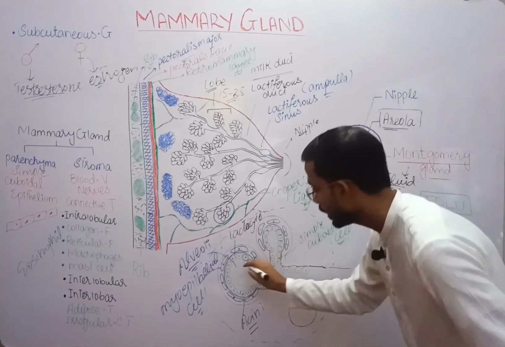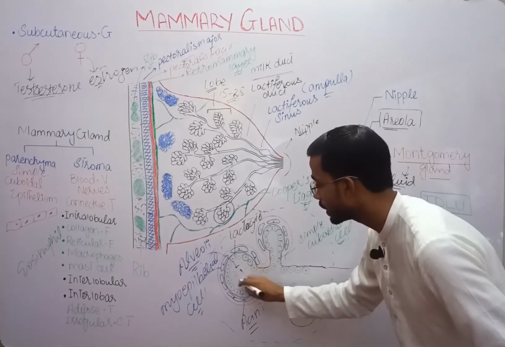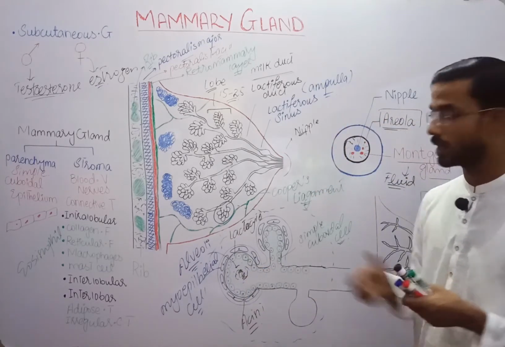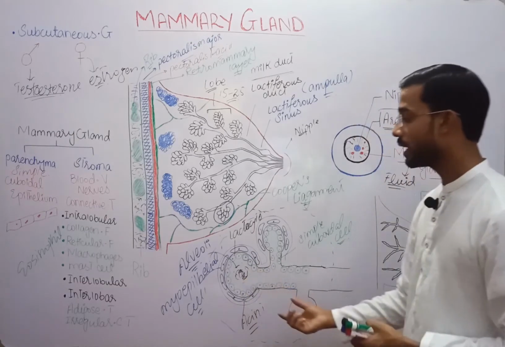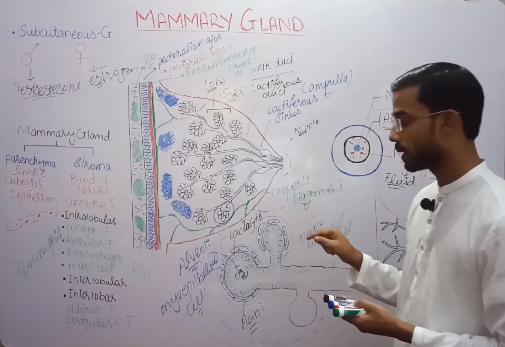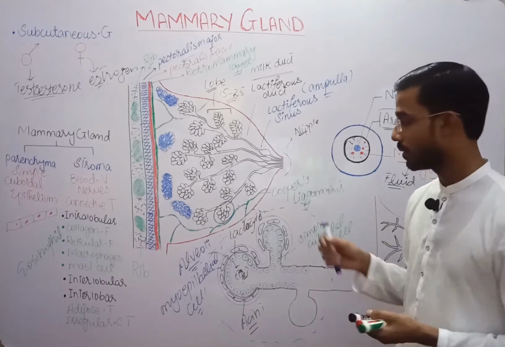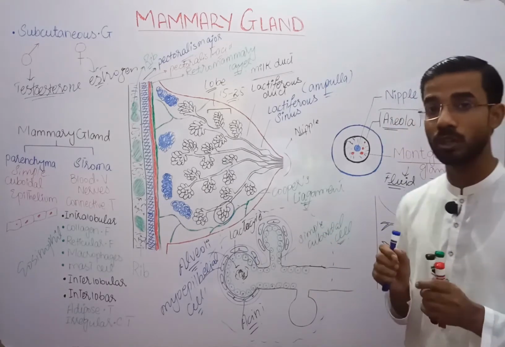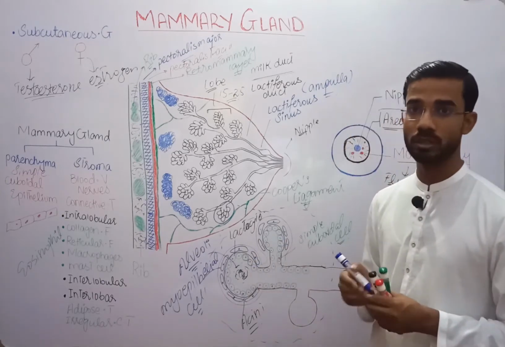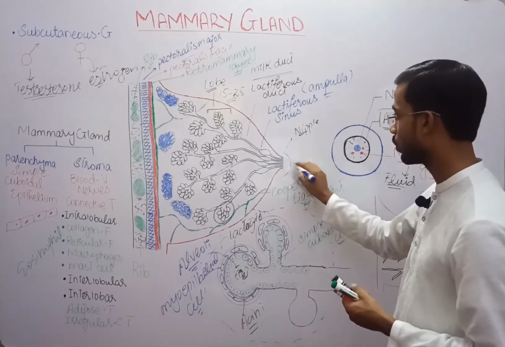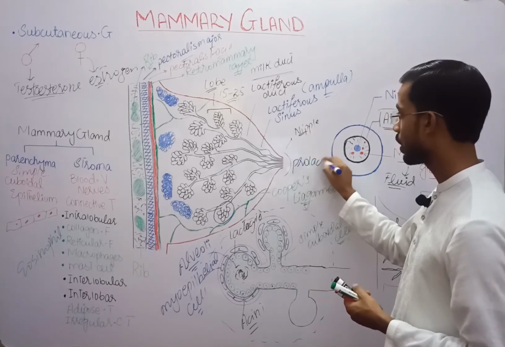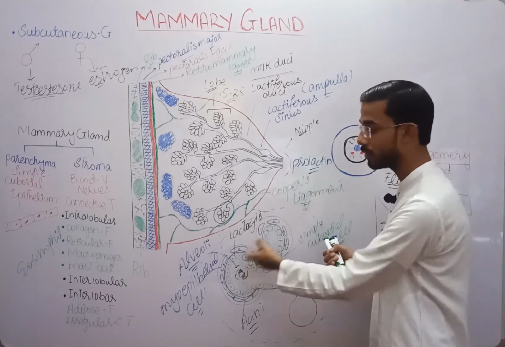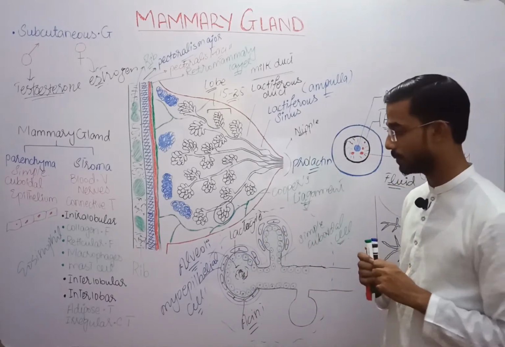And here, milk is produced in the alveoli. Milk is produced with the help of prolactin. Prolactin is basically a hormone which helps in the production of milk from the lactocyte.